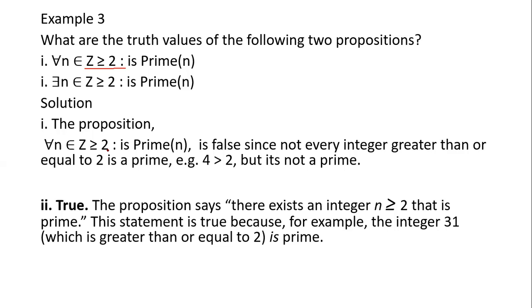So you see that the two statements seem to be the same, but only the symbol changes. We have this, for all n, and we have this, there exists n. That makes the difference, and that has also given us different conclusions.